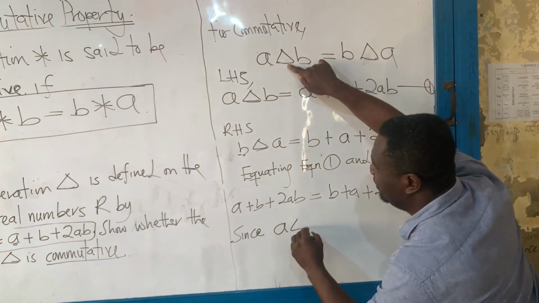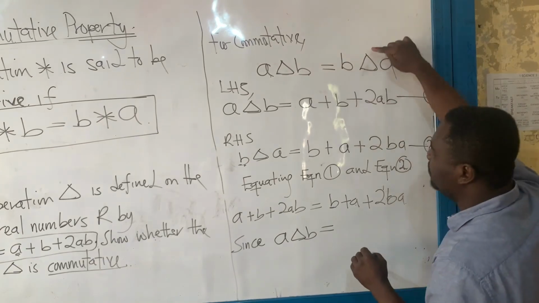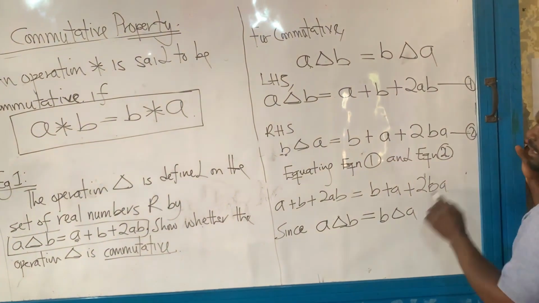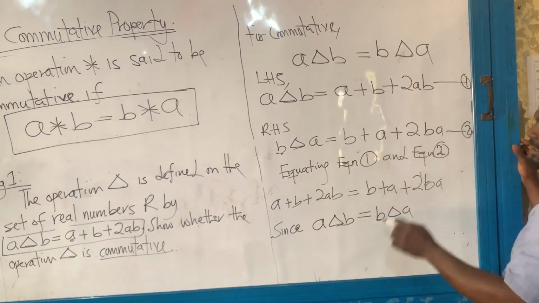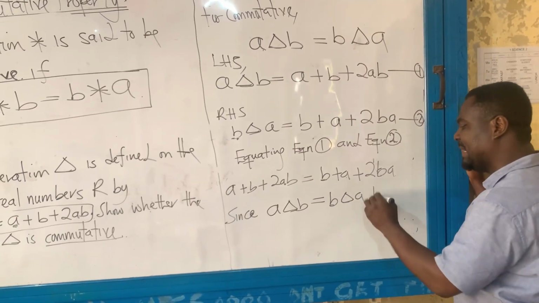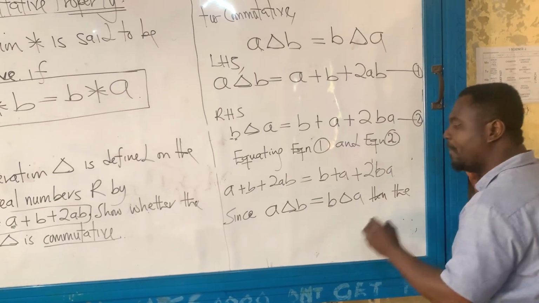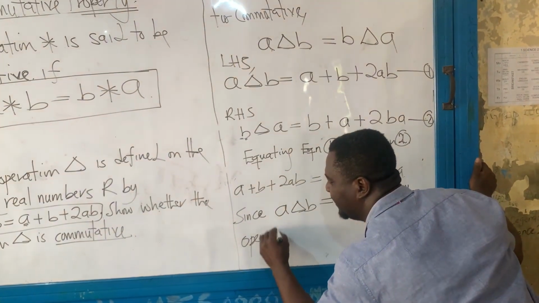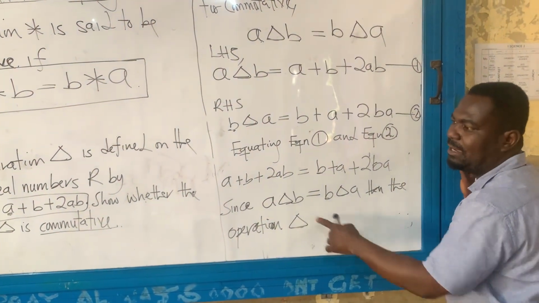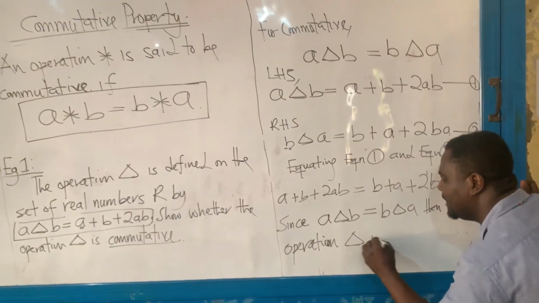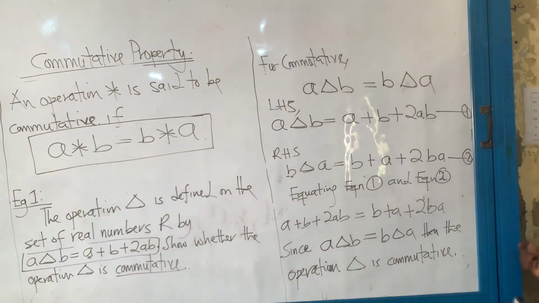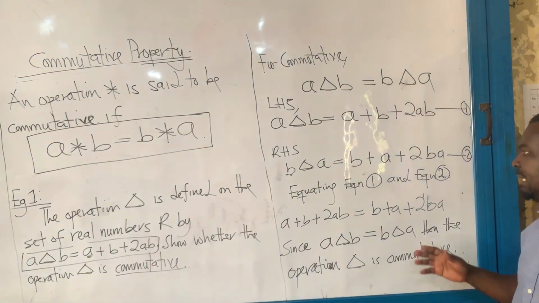Since A triangle B is equal to B triangle A, then, because we are dealing with operation triangle, we can say that the operation triangle is commutative.